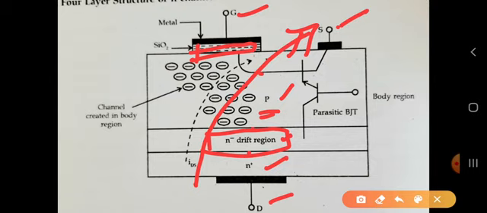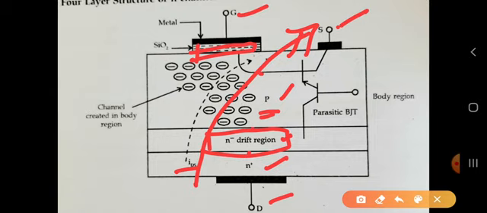Now when you start giving the voltage at the drain and source, there will be a fixed voltage also. The current shown here, IDS, has to travel through all the layers one by one, but by giving only drain and source voltage, it is not possible to make the current pass from drain to source.